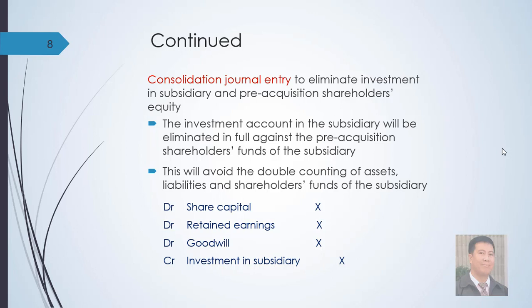So for example, if the subsidiary is ABC, you can say investment in ABC subsidiary. Note that this basic journal entry represents the equality of investment in subsidiary and the total shareholders' fund. So if there is a difference, it may result in goodwill or gain.